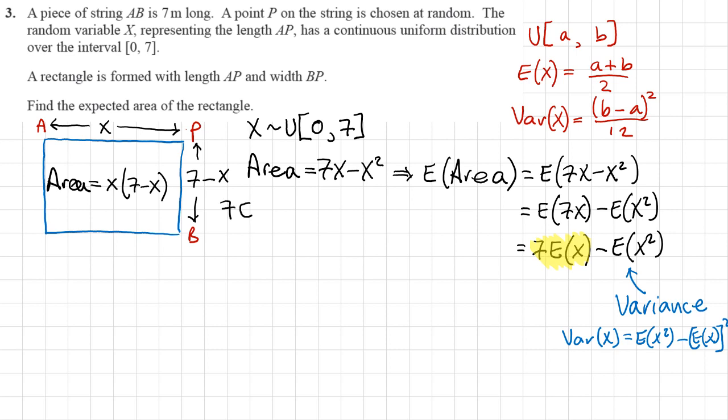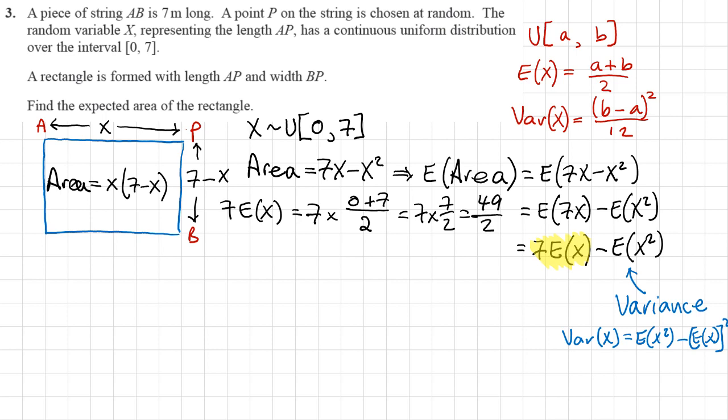So 7 E of x is going to be 7 times, and we can just use the formula here, a plus b over 2. So that's going to be 0 plus 7 all over 2. So that'll be 7 times by 7 over 2, or 3.5, giving us 49 over 2.